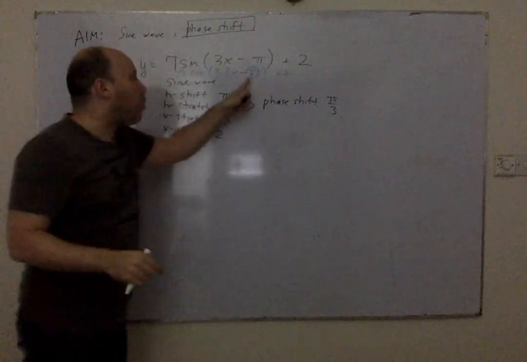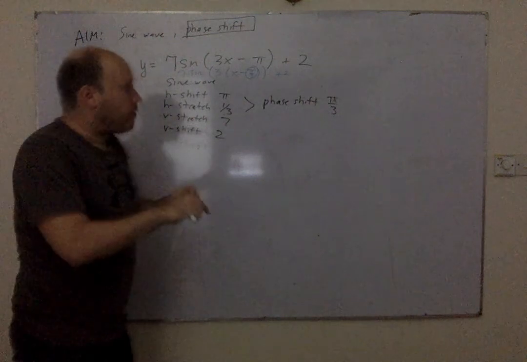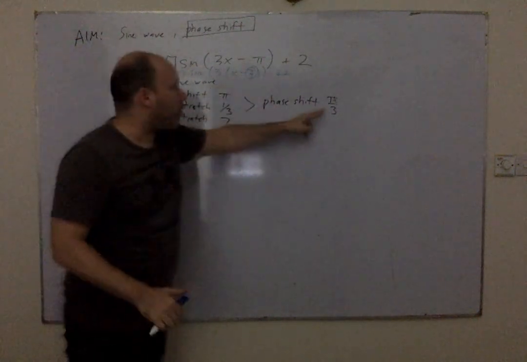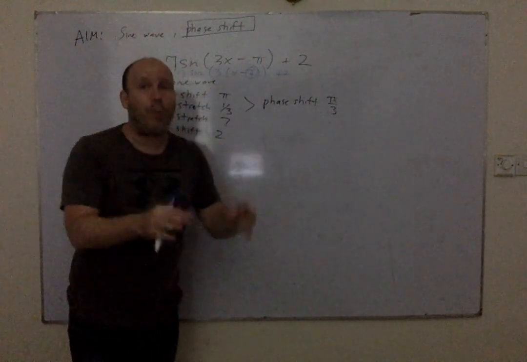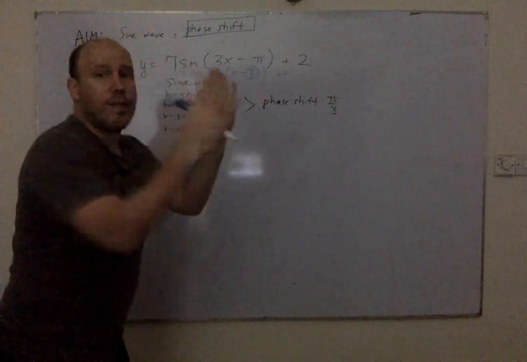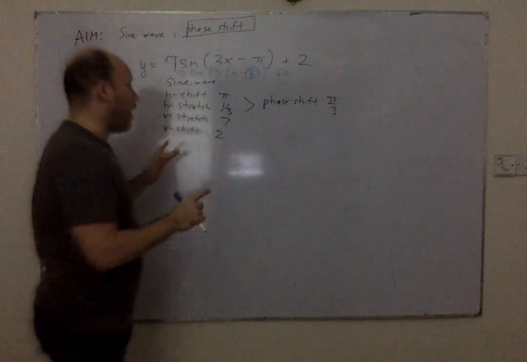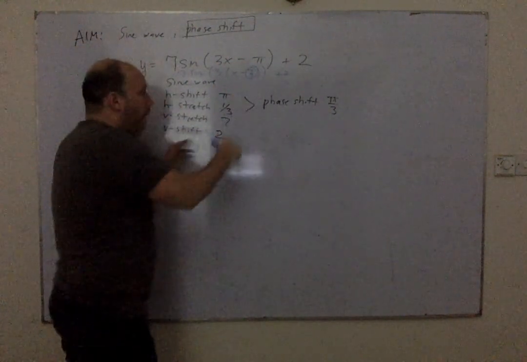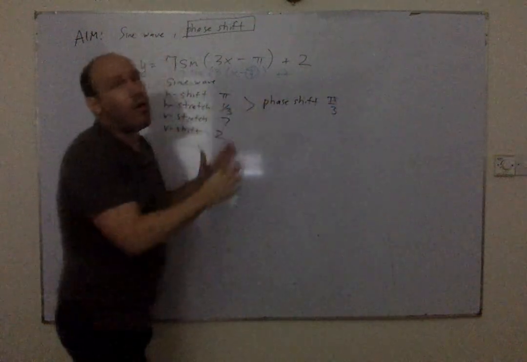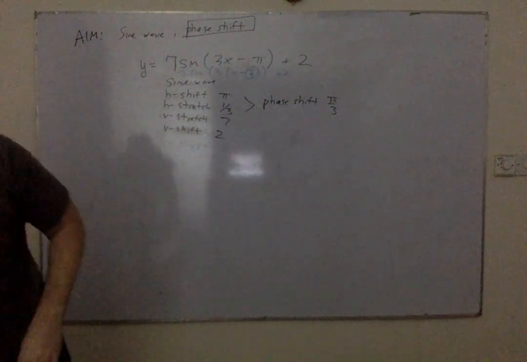This is the resultant of both transformations. That's the idea, that's a phasor. So at the end, when we graph the sine wave, the final movement along the horizontal axis is a shift of pi over 3 to the right. Once again, we moved it pi to the right, and then we shrunk it by 1/3. And that's the idea.